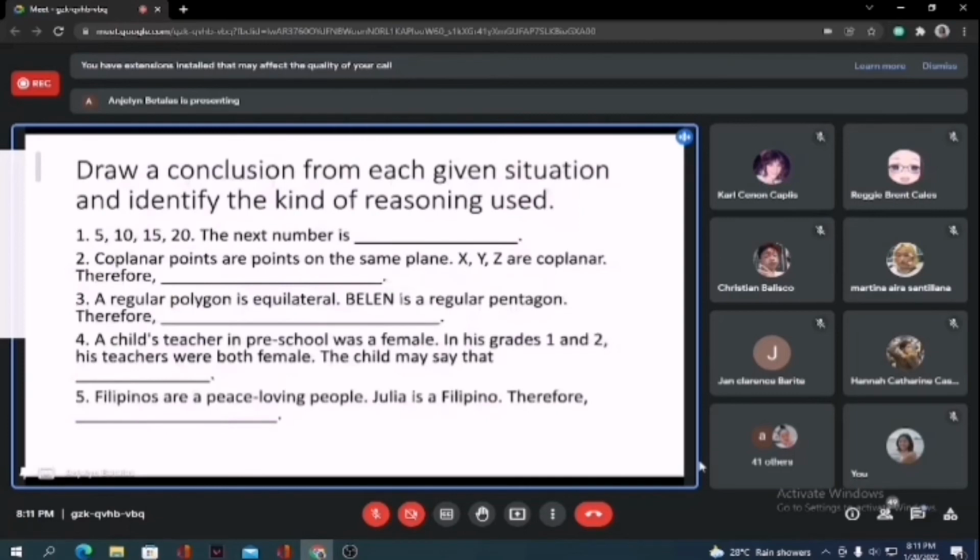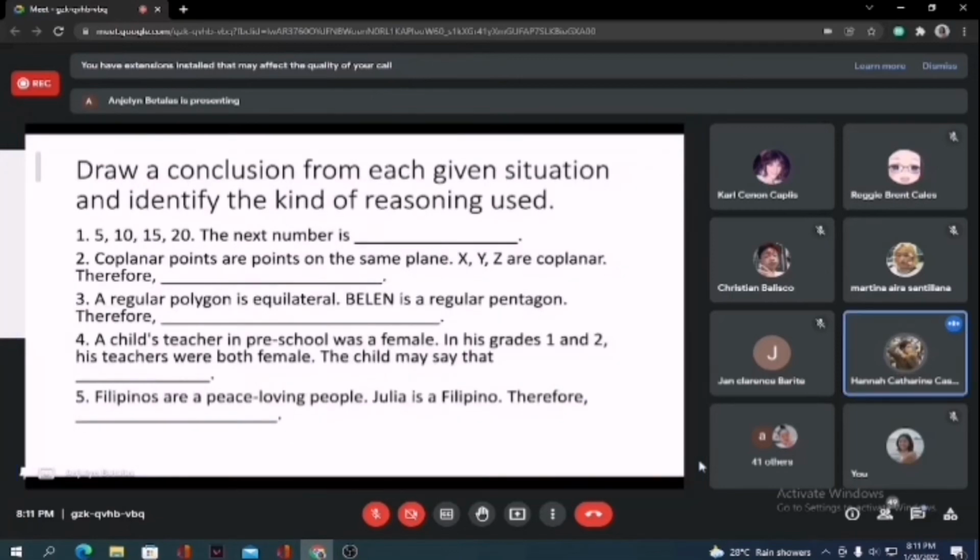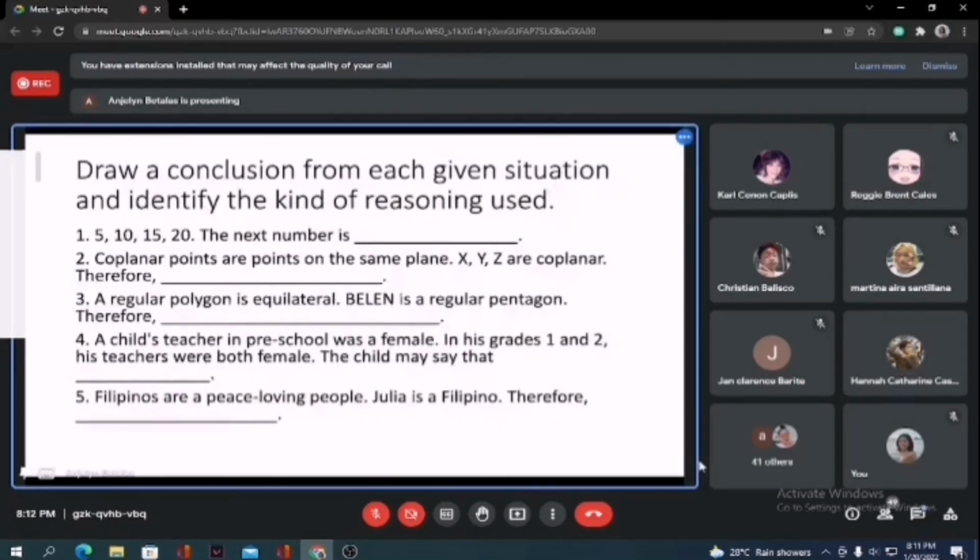So what reasoning is this? Inductive or deductive? Inductive. It is based on cases or experience.